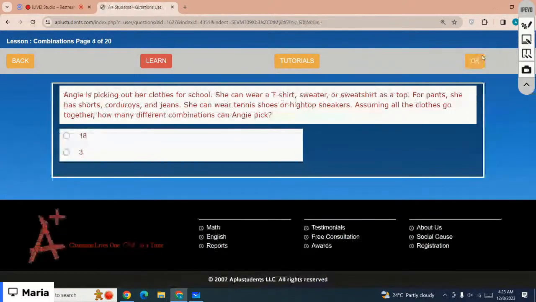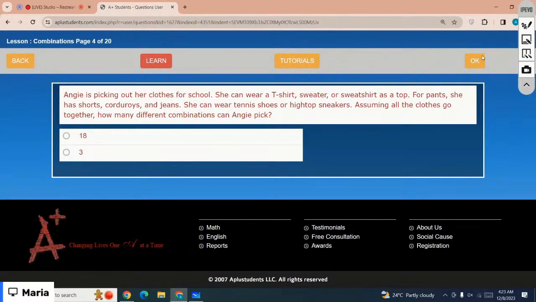Angie is picking out her clothes for school. She can wear a t-shirt, sweater or sweatshirt as a top. For pants, she can have shorts, capris and jeans. She can wear tennis shoes or high top sneakers. Assuming all the clothes go together, how many different combinations can Angie pick?